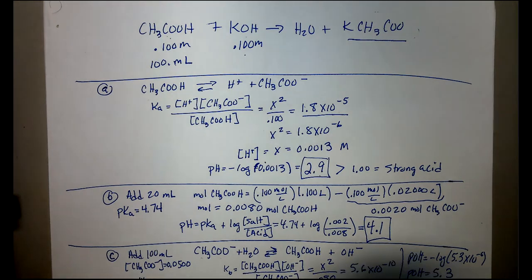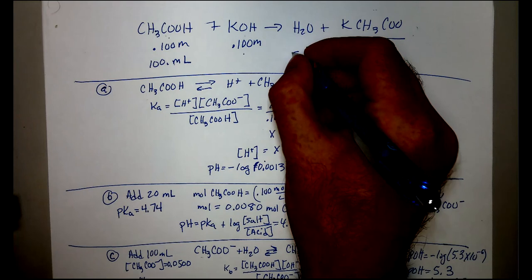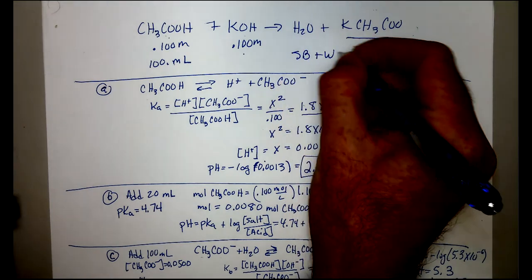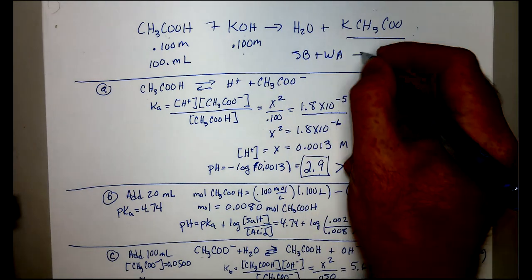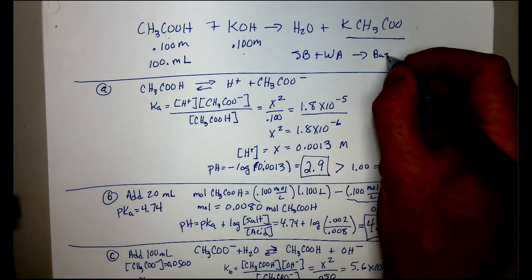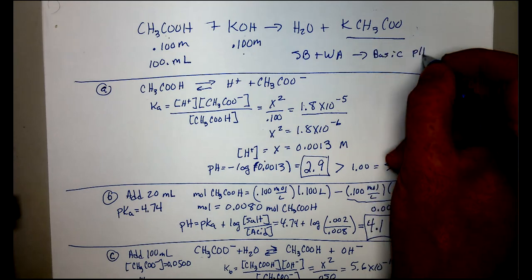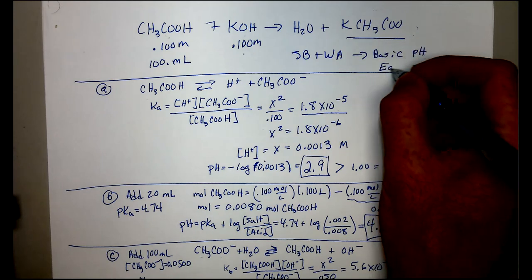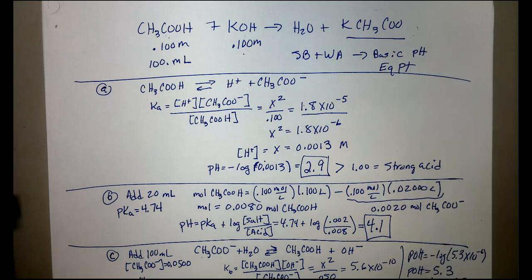So a strong base plus a weak acid is going to lead to a basic pH at the equivalence point. If we switched it and we had a strong acid and a weak base, we'd end up with a little bit of an acidic pH at the equivalence point, where strong acid, strong base is neutral.